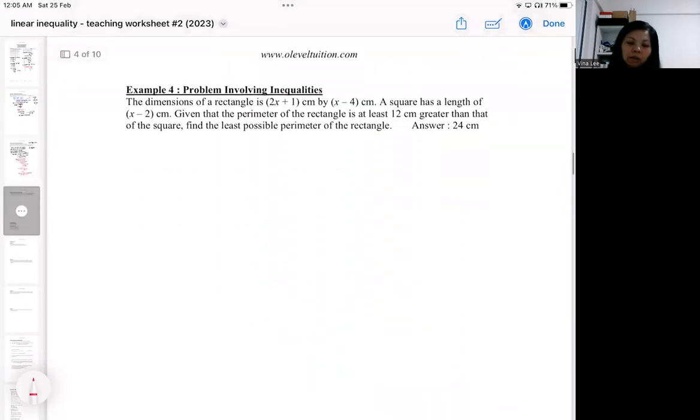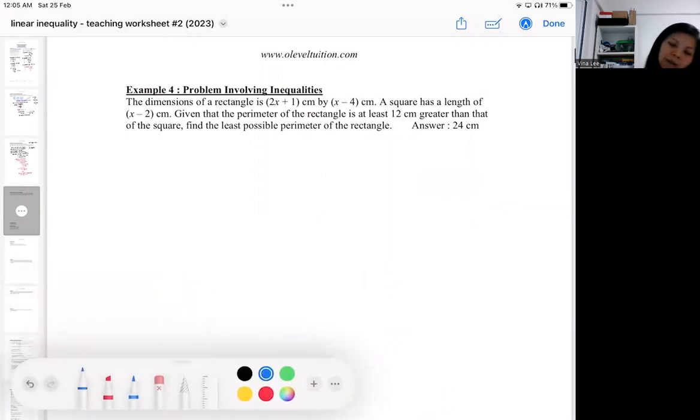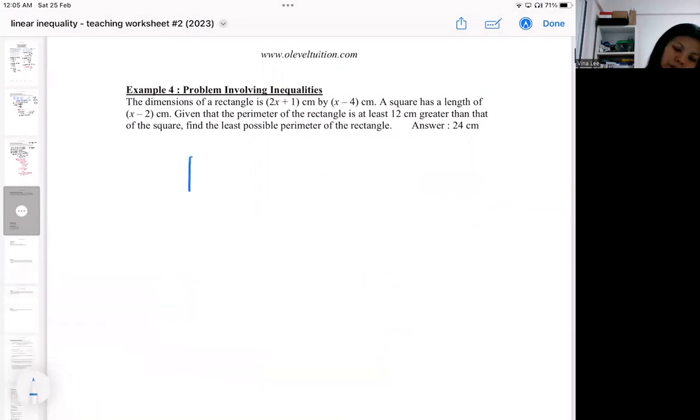In the next question, we are dealing with perimeter. Such questions can also deal with area. It depends. So in this question, we have a rectangle. You might note down the length first. We got a square.